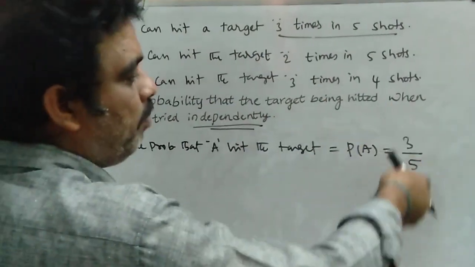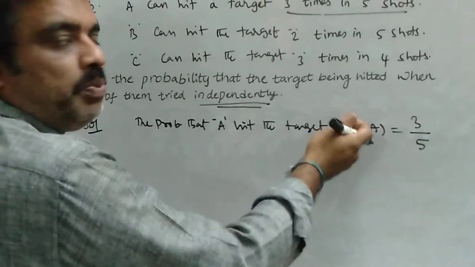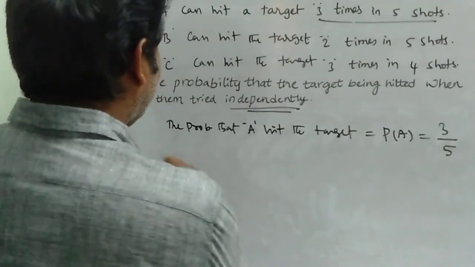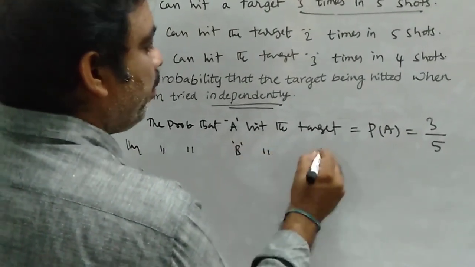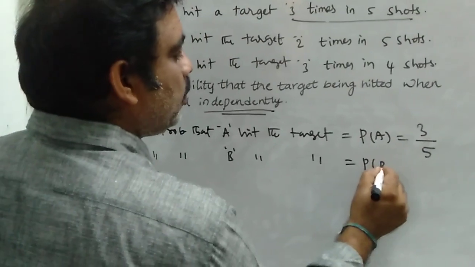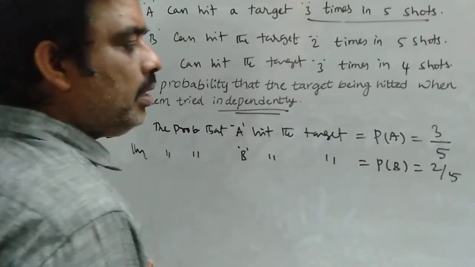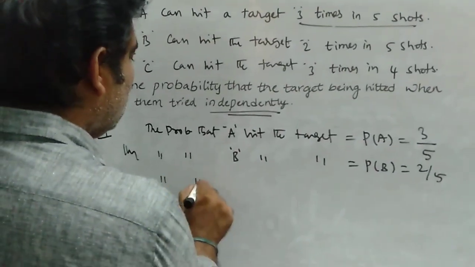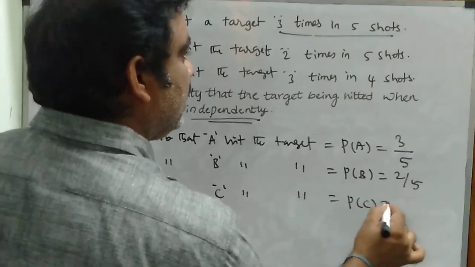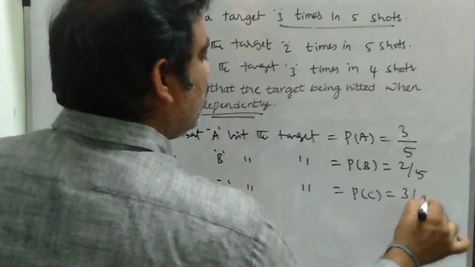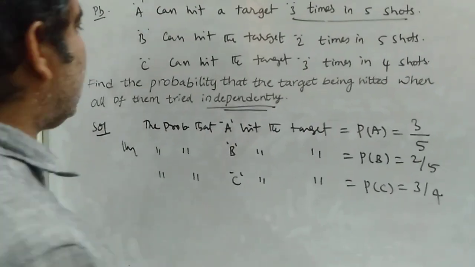That means the success probability that A hits the target is P of A equal to 3 by 5. Similarly, the probability that B hits the target, P of B, is 2 by 5, 2 times in 5 shots. The probability that C hits the target, P of C, is 3 by 4. So first write all the given probabilities.